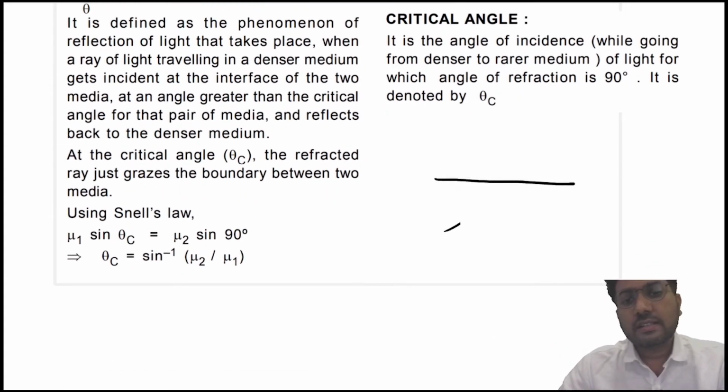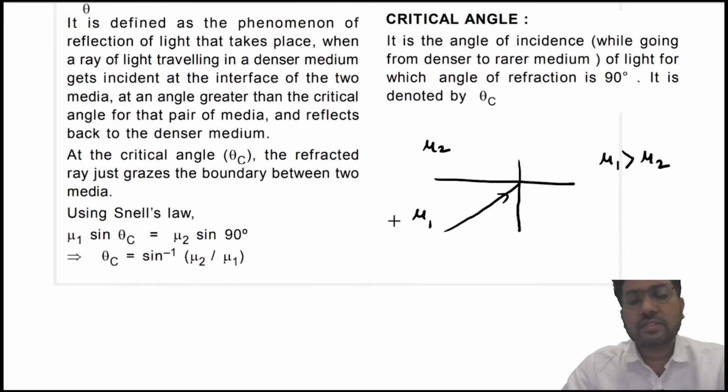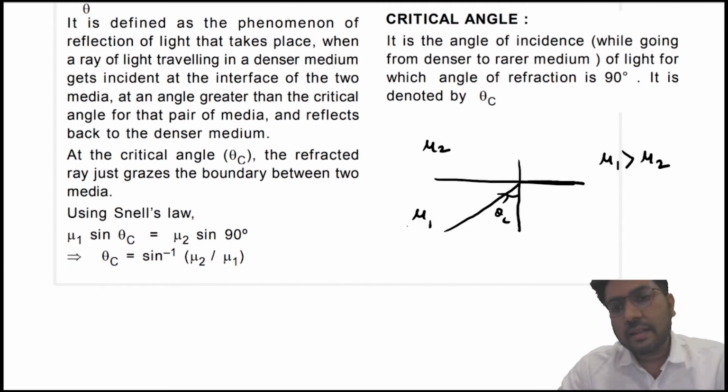Suppose this is the incident side which is denser, so I'll write this is mu1 and this is mu2, where mu1 is greater than mu2, that is light is traveling from a denser medium to a rarer medium, and this is the critical angle. If this is the critical angle, then the angle of refraction becomes 90 degrees.